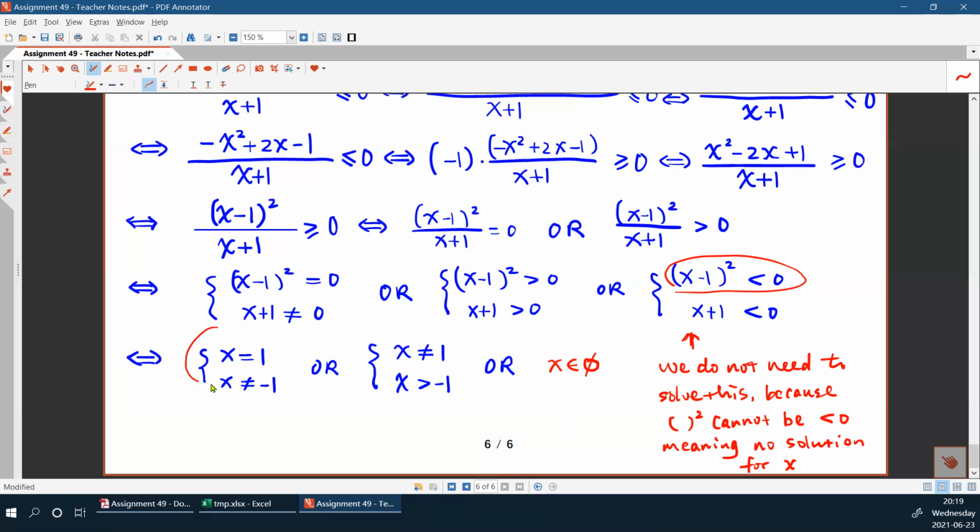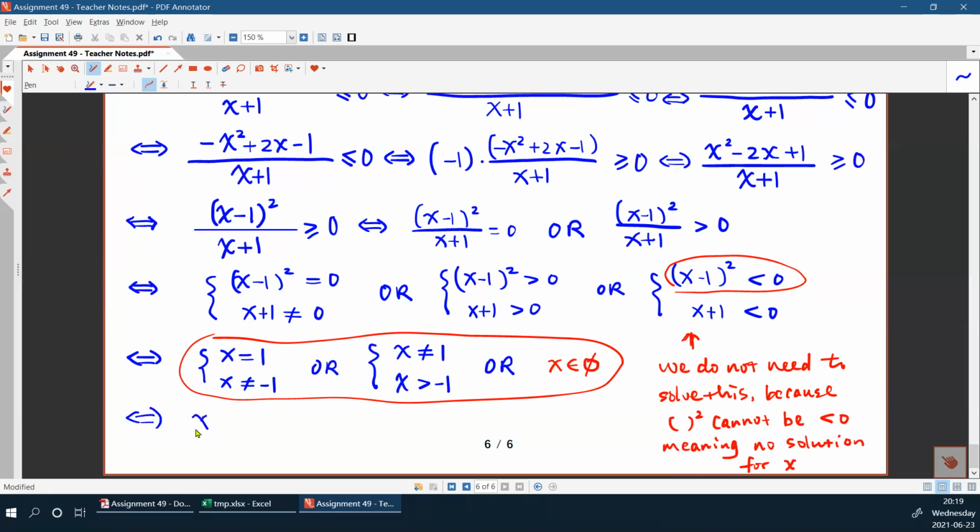All right, so by combining these three solutions, what is the final solution? X can be either exactly 1, right? Or x can be above -1 and at the same time not 1.